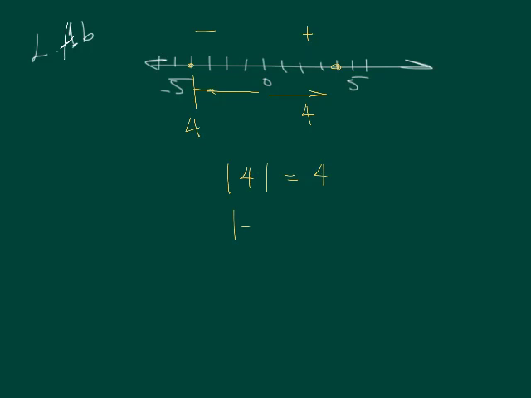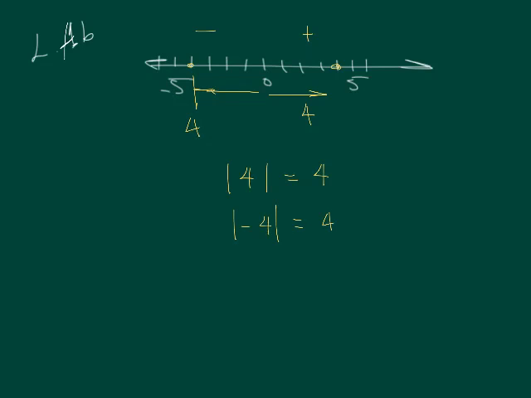The absolute value to get to negative 4, we went to the left on the number line, which is what the negative represents, but we still went a distance of 4. It's kind of like saying if you're sitting at your house and you're going to McDonald's and it's 4 miles, you rode your bike 4 miles. Now to go back from McDonald's to your house, you don't go a negative 4 miles, it's also 4 miles, it's just in a different direction.